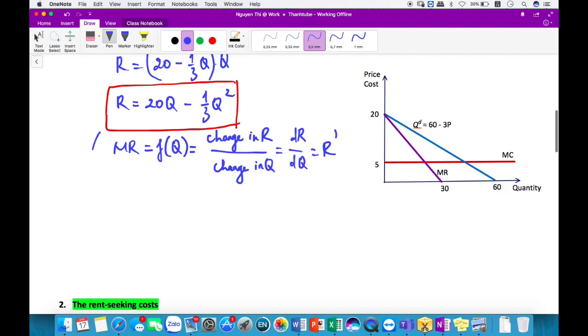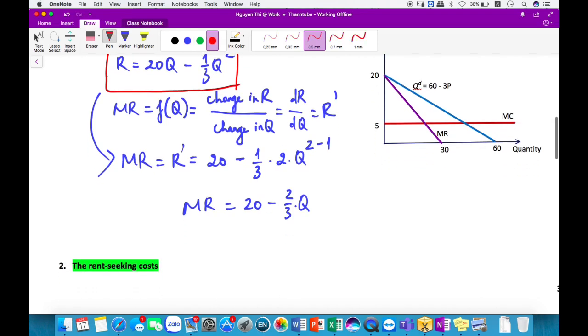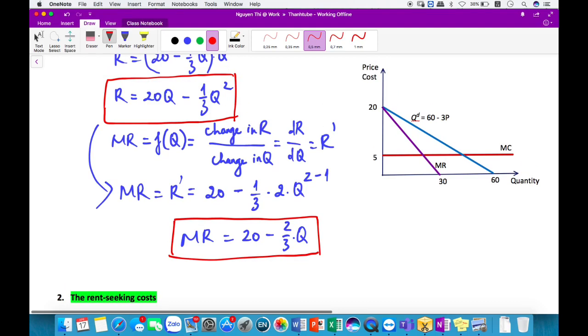So you need to differentiate the revenue function to get marginal revenue equal to 20 minus 1/3 times 2Q to the power 2 minus 1, or marginal revenue equal to 20 minus 2/3 Q. This is the marginal revenue function, and you can easily fill this into the graph.